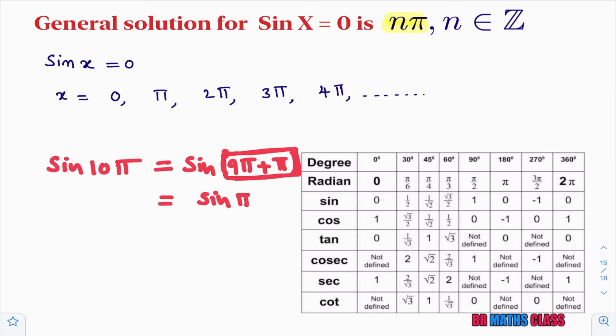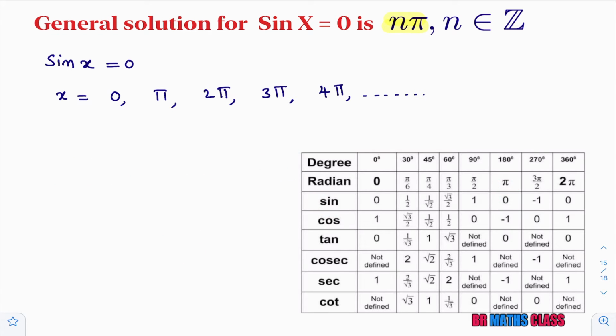In the third quadrant, sin is negative. So sin of 9 pi plus pi can be written as minus sin pi. That equals minus, what is the sin pi value? Observe the trigonometry table. Sin pi value is 0. So minus 0. Minus 0 is nothing but minus 1 into 0, which is the same as 0. See here, the sin 10 pi value, what we got? 0. So here 10 pi is a solution of this trigonometric equation.